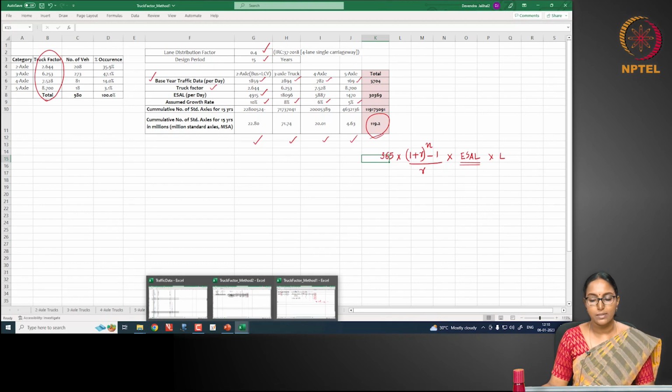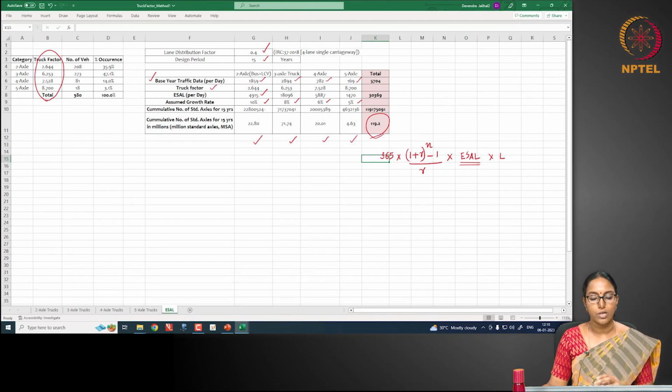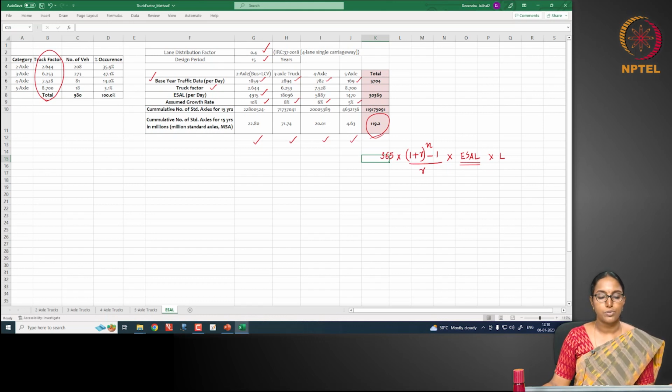You can see the problem associated with that, because if you put it in different bin groups, some of the traffic may get overestimated or some traffic may get underestimated. So that is the problem when you divide it into various load groups. These are the two approaches by which you can calculate the truck factor for each truck category and arrive at the cumulative number of standard axles for the design.